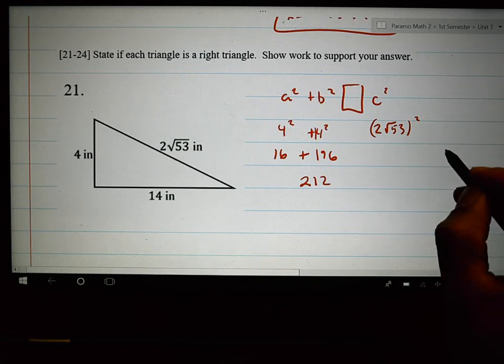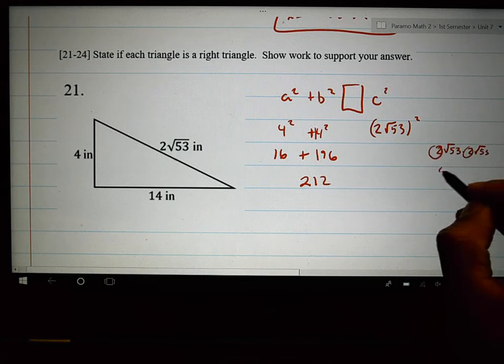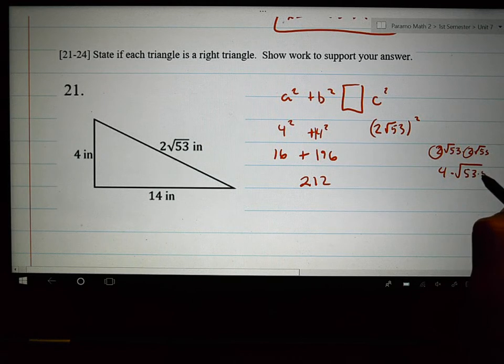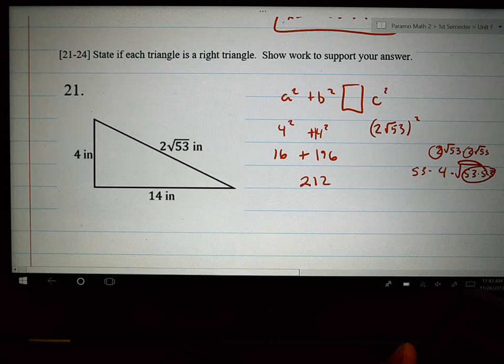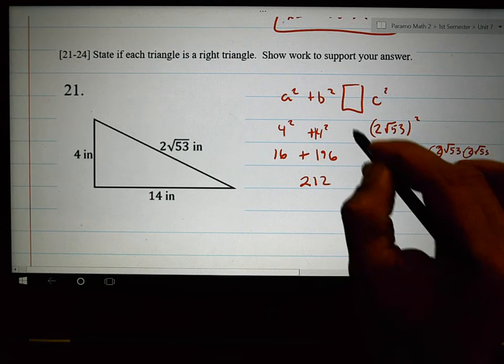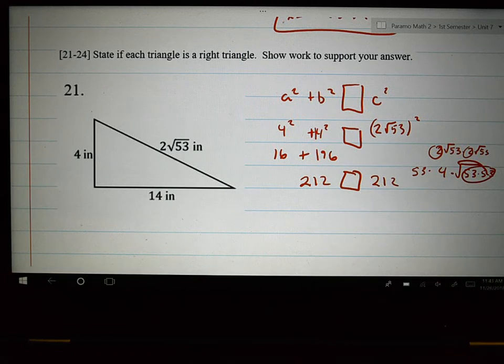Over here, 2 root 53 times another 2 root 53 would be outsides. Insides would make a pair of 53s. 53 times 4 is 212. Are those equal to each other? What does that mean?